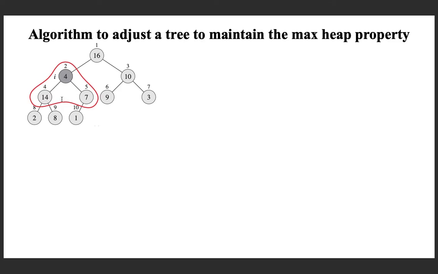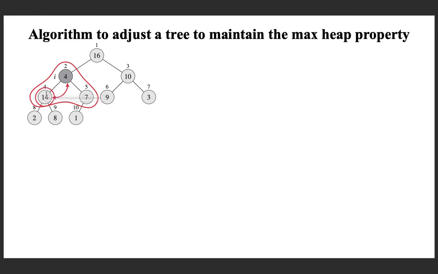So what you can do is, you look at the left child and you can see that its value is greater, so you need to interchange, right? Actually, what you are finding is the largest among the left child and right child. In this case it is 14 and the index is 4.